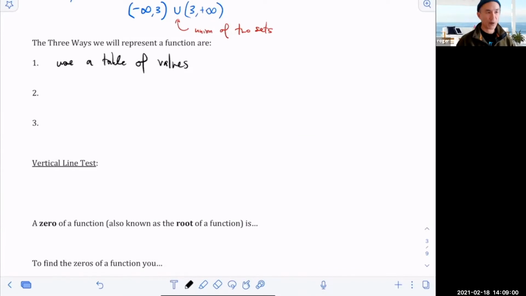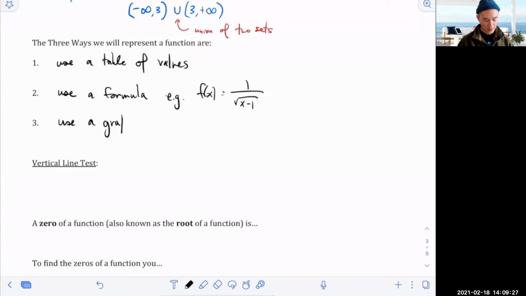The second way is we use function notation, so we use a formula. And that's the way that you guys are used to seeing things. So for example, something like f of x is equal to 1 over the square root of x minus 1, something like that. And then the third way we have is we use a graph. Some books also give a verbal description, but we don't really do that in this class.